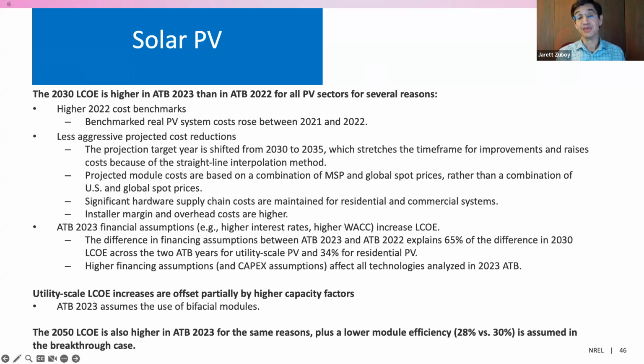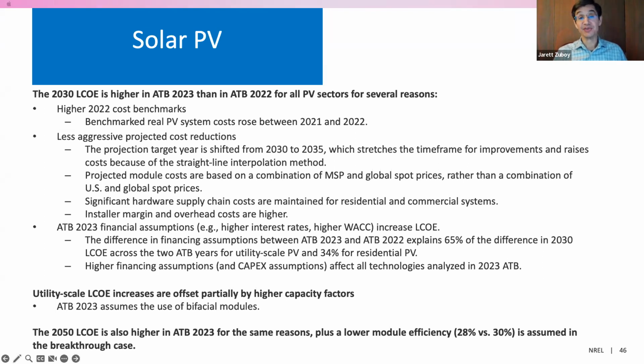We could talk about some of these in the breakout rooms if anybody's interested in more detail. For one thing, the benchmarks in 2022 were higher, the costs were higher in 2022. It was in part because of the supply chain issues that Tyler mentioned for wind as well. A lot of technologies experienced that, where the supply chain made prices go up faster than inflation. And then we look at our projected cost reductions this year.